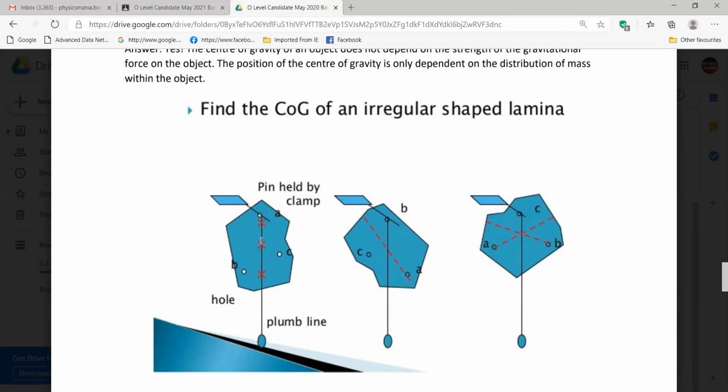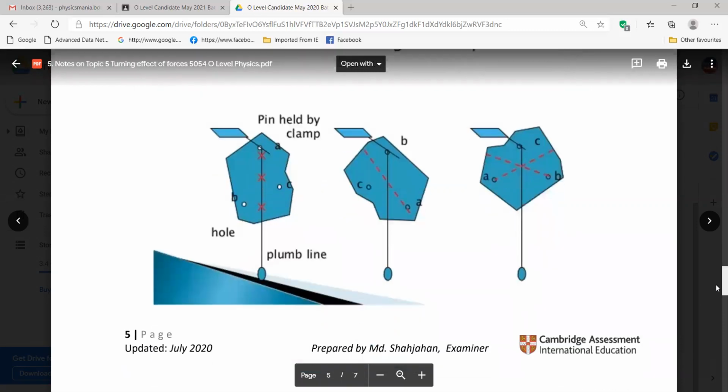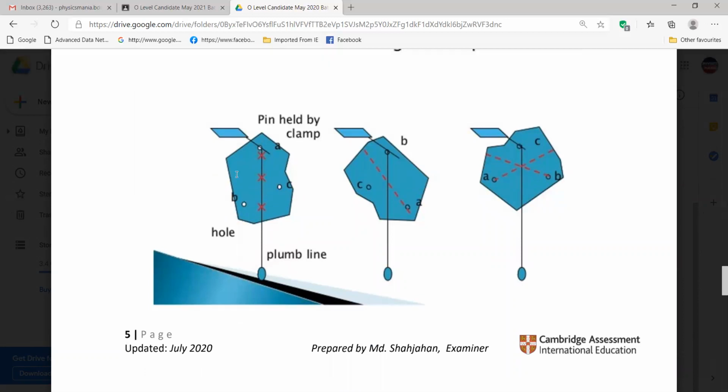Okay, sir, I'm not understanding. Okay, very good. Thank you for your response. Look, at the beginning we are given only the cardboard, okay? And this is irregular shaped. That's why we cannot take the center of mass directly.